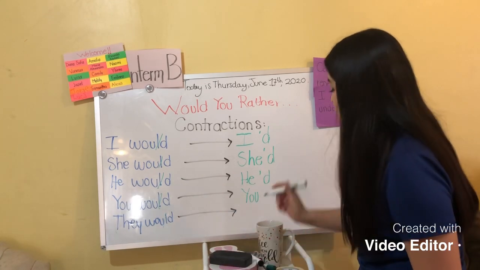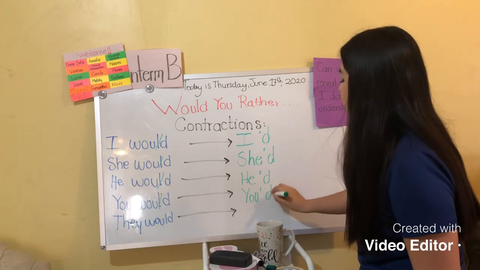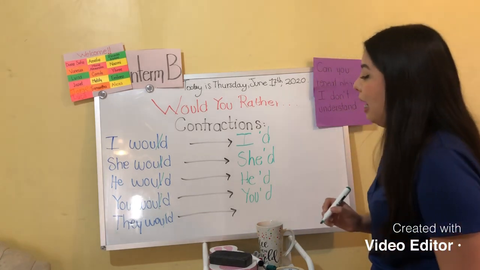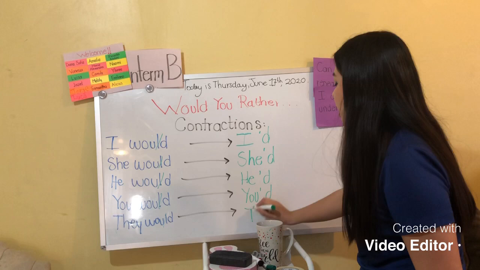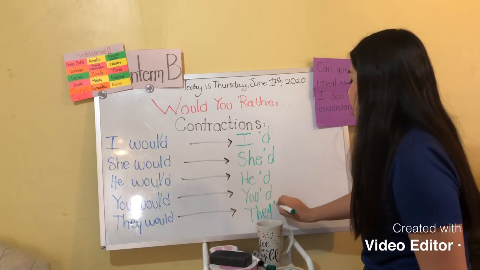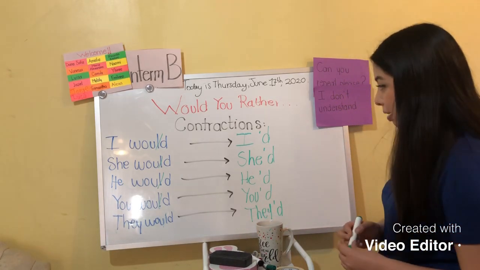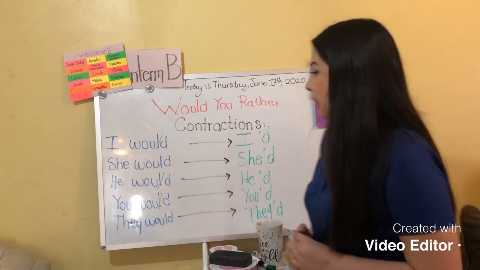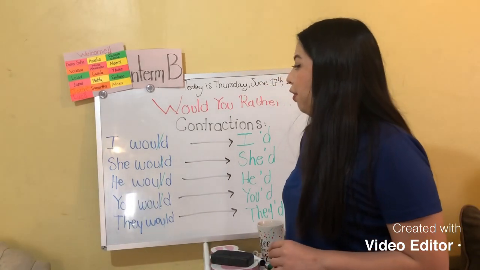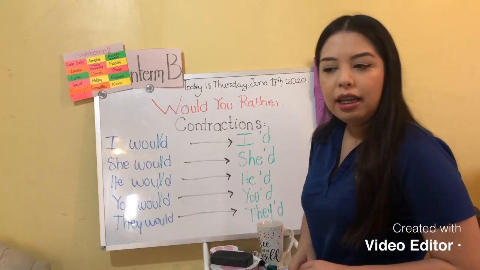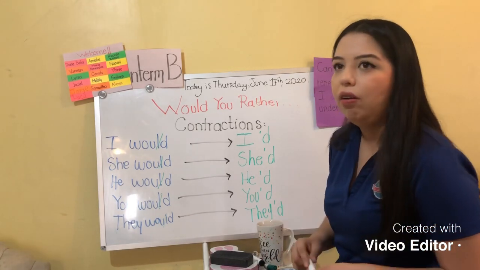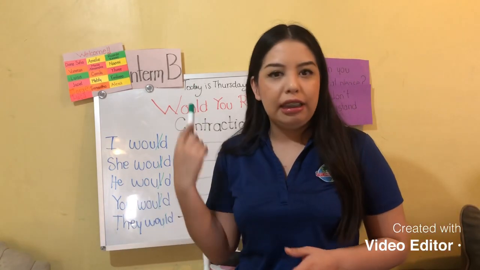Sorry. You, apostrophe, D. And they, apostrophe D. For example, I can say, I'd rather go to Disneyland than, I don't know, I would rather go to Disneyland than Six Flags, etc.